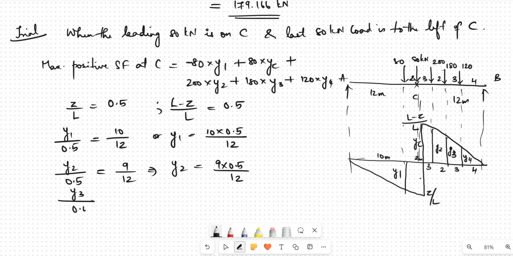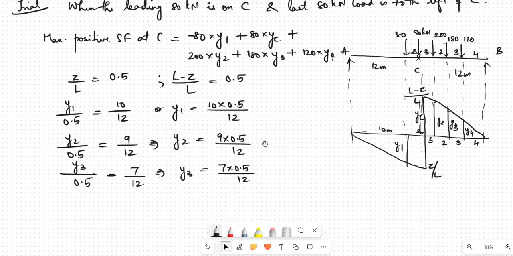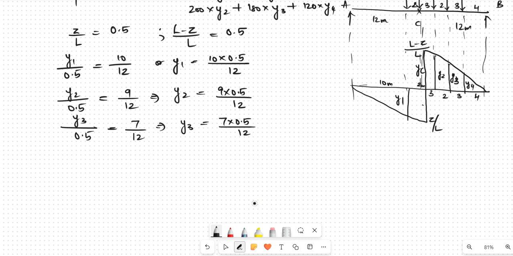Y3 by 0.5 is equal to 7 by 12, or Y3 is equal to 7 into 0.5 by 12. Finally, Y4 by 0.5 is equal to 4 by 12, which is Y4 is equal to 4 into 0.5 by 12.